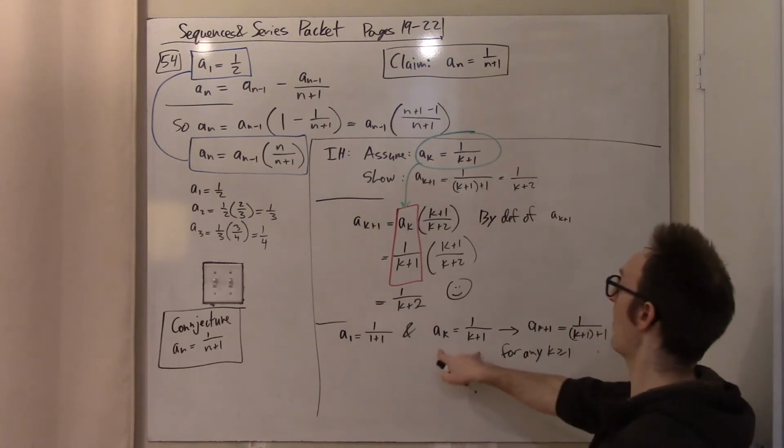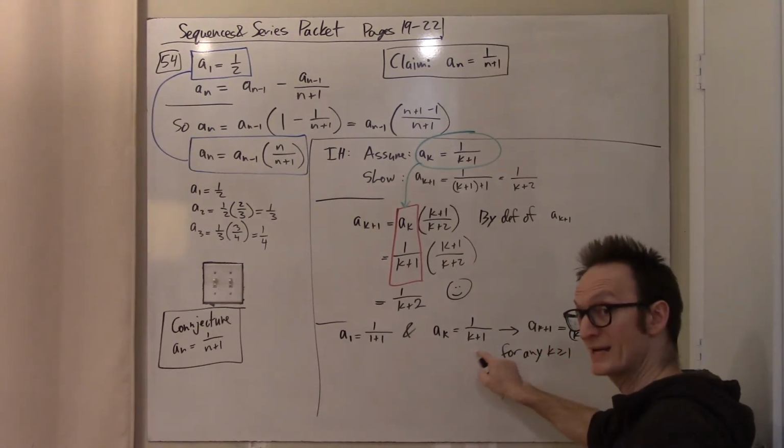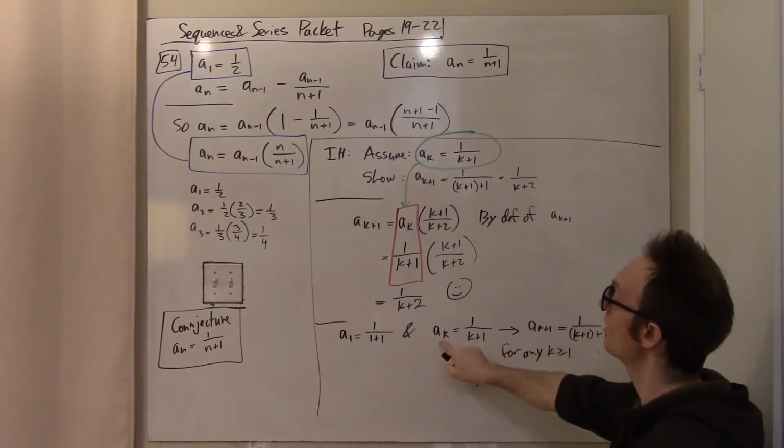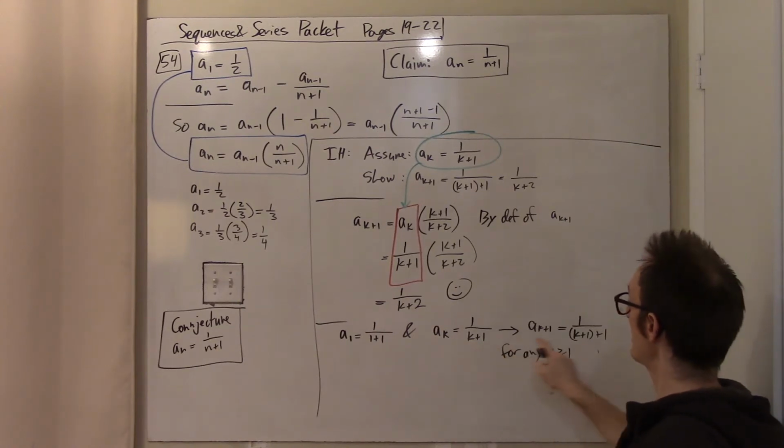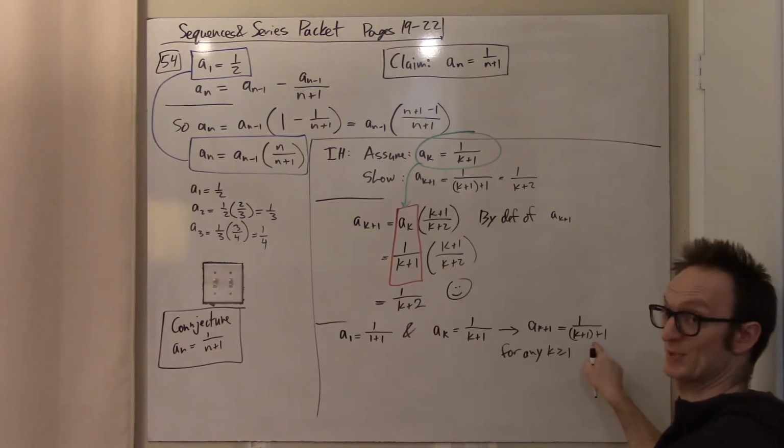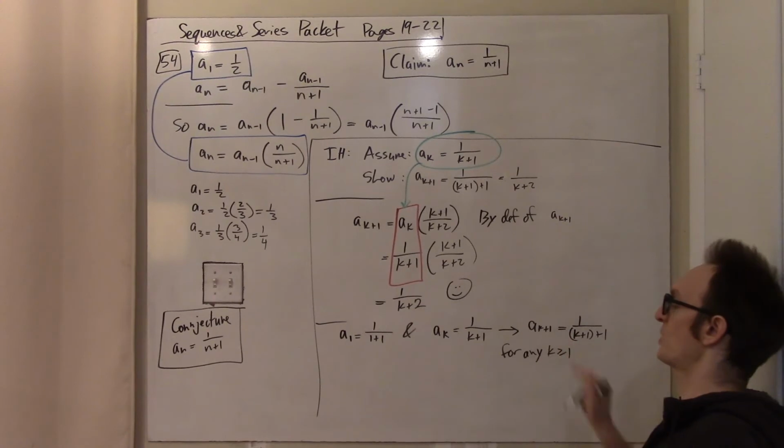In other words, whenever this is the correct explicit formula for the kth term of this sequence, then this is the correct explicit formula for the k plus first term of the sequence.